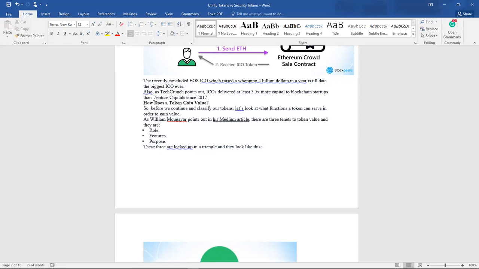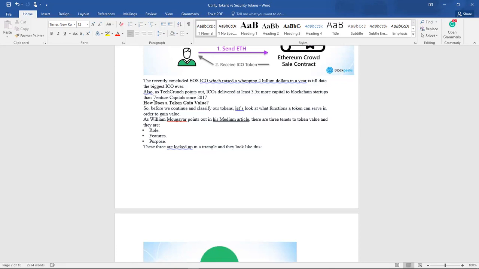So there are three tenets that you really need to take a look at that contribute to the token value. The first one is the role, the other one is the features of that particular token, and then the purpose of that particular coin.